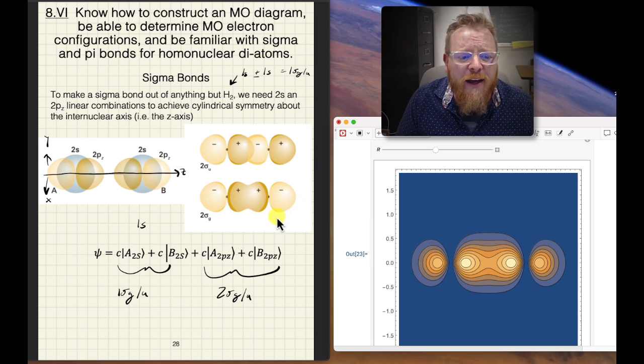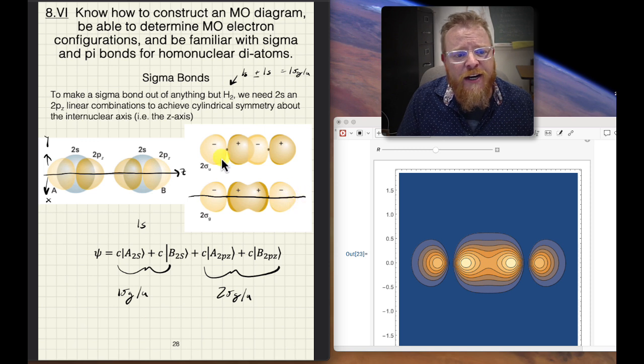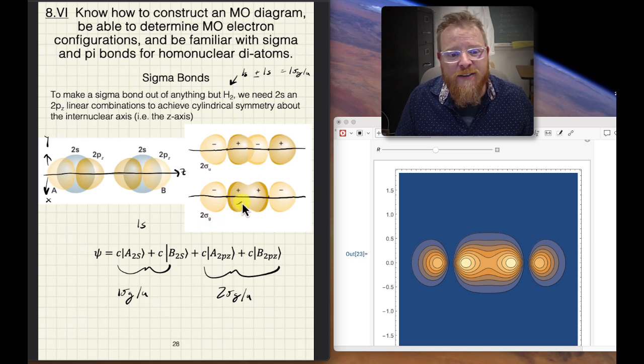Now if we think about our symmetry operation here, and I'm going to draw this line noting the z-axis, you can see with our g, our bonding orbital, it is such because if I draw an arrow over the center of inversion, the sign doesn't change. But if I do that with the anti-bonding orbital, the sign does change.